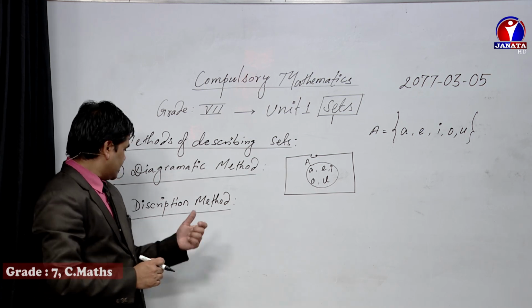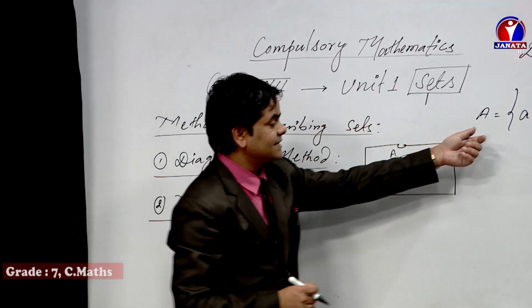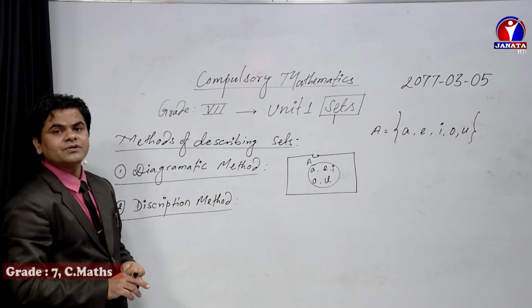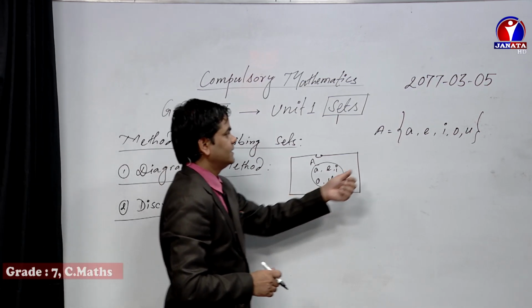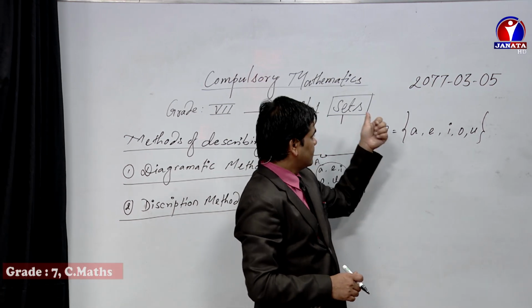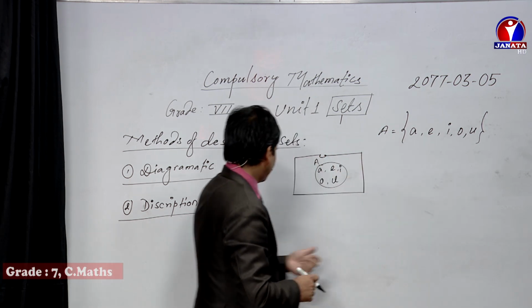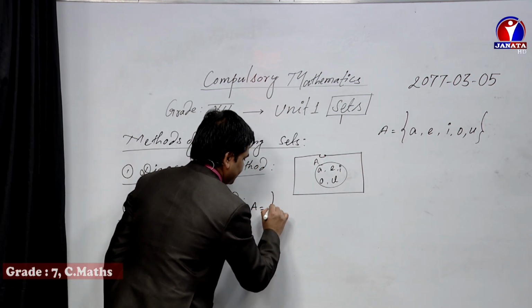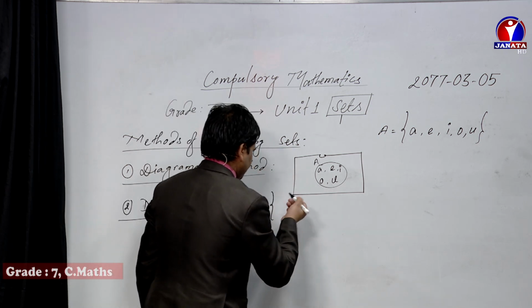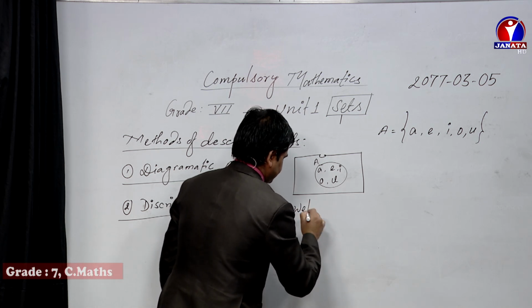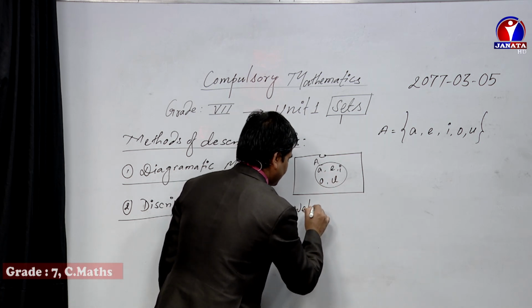If you write the same set of information by using the description method, what will you do? Of course, they belong to the vowel sounds of the English alphabet. So, what do you have to write? A equals curly bracket, and we write that information in words.